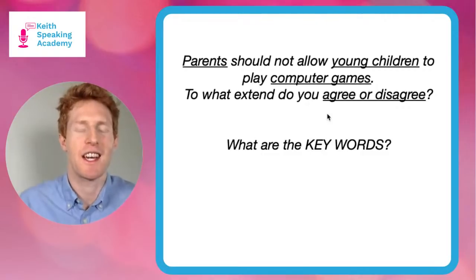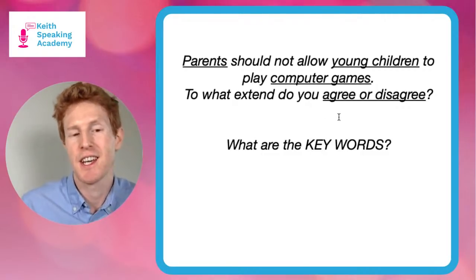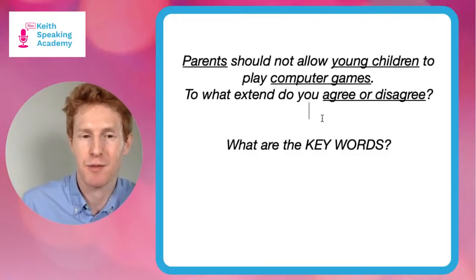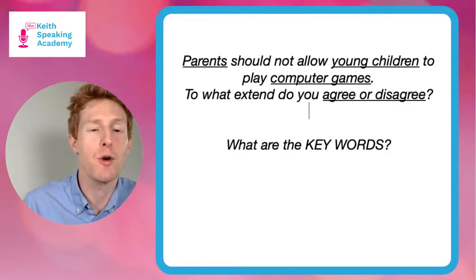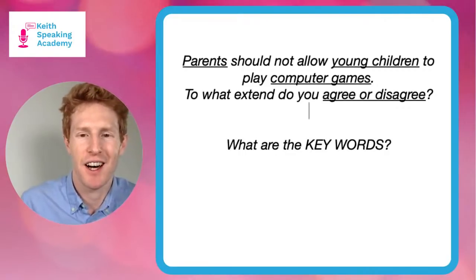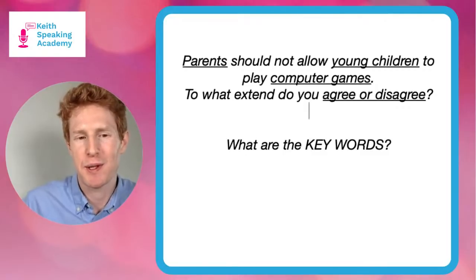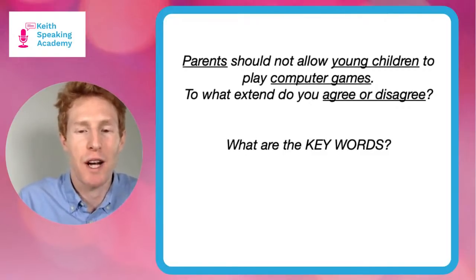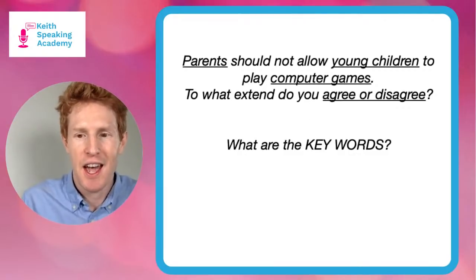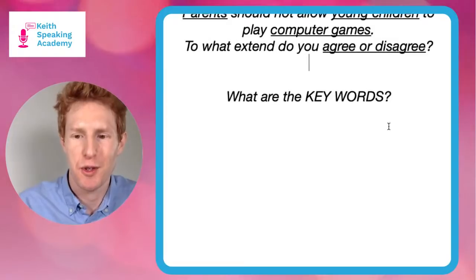Some other examples include advantage-disadvantage questions, discussion questions, double questions, direct questions. But the most common question type are these agree-disagree essays. So as a result, I think it's very important that you have a strategy for how to write an agree or disagree essay. And that leads us very nicely on to step 2.